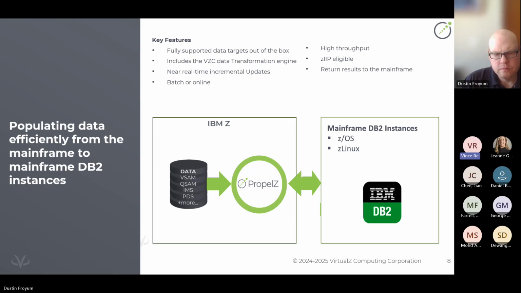As long as you have connectivity to that DB2 system, we can push the data there. Again, it's a little bit different configuration data, but there's no code here. There's nothing particularly special you have to do.